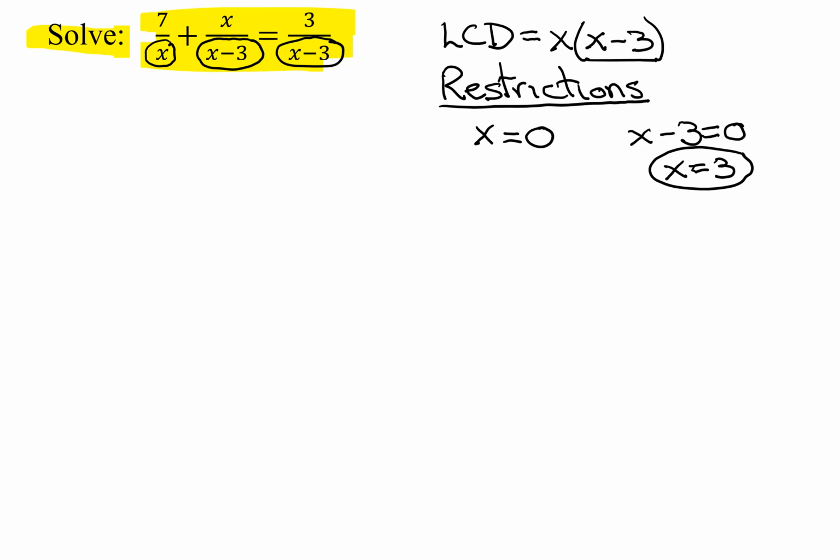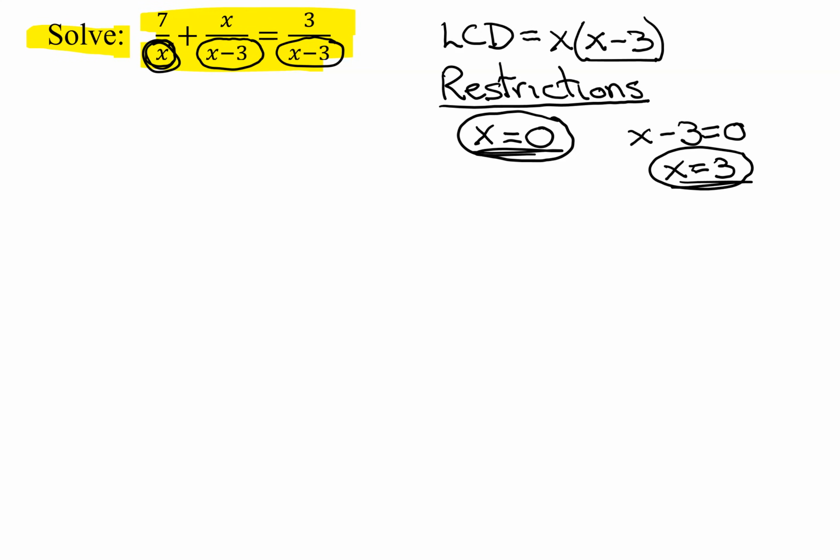These are my two restrictions. By that, I mean if I land up with either of those answers, they are not allowed. Because take the first one, x equals 0. If x was 0, I'd have 7 divided by 0, which is undefined. So what we do with our restrictions is at the very end of the solving process, we check to make sure our solutions are neither of these two numbers.